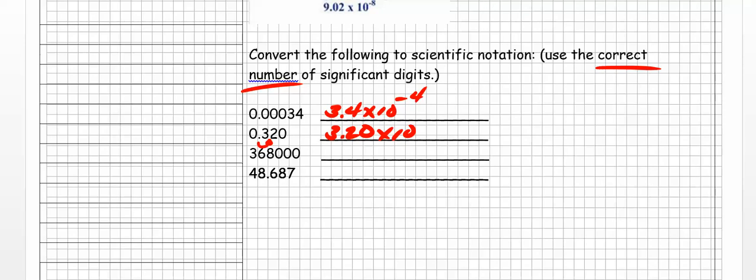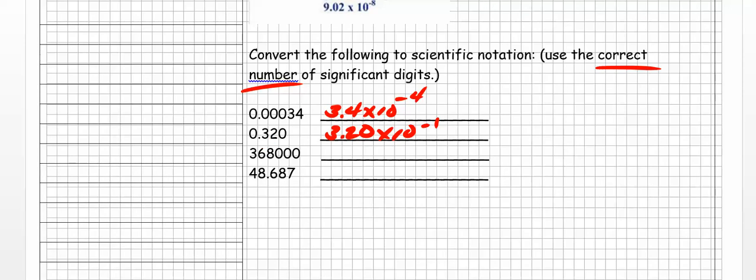So I have to compensate by making this number 10 times smaller. It becomes a negative 1. So 0.320 becomes 3.20 times 10 to the negative 1. Okay? Let me erase this to get this out of the way for our next one.